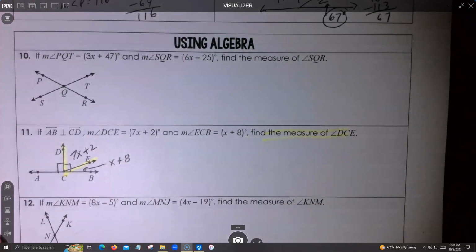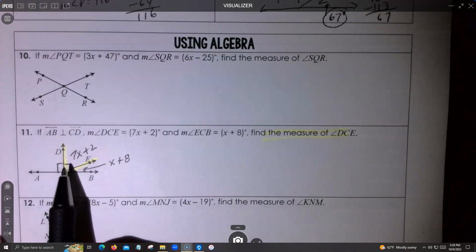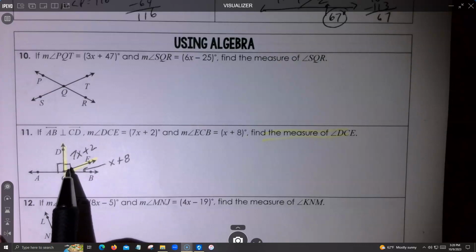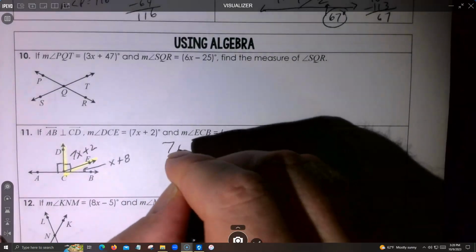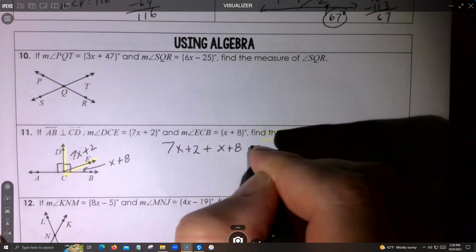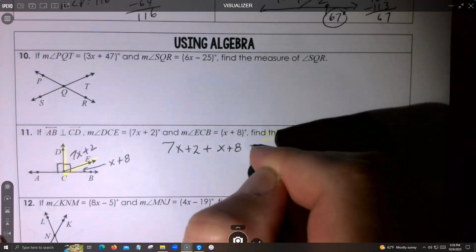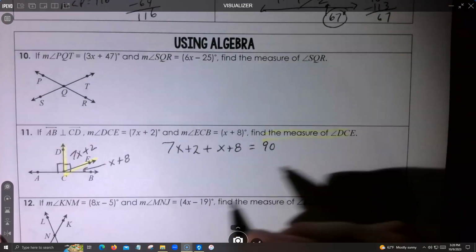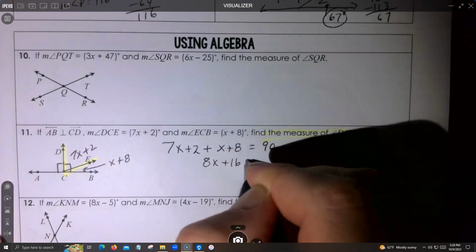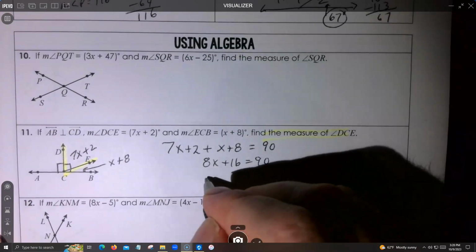All right, so looking at this 90-degree symbol here, these two angles have to add to be 90. So there's my math: 7x plus 2 plus x plus 8 equals 90. Combining like terms, we get 8x plus 10 equals 90.